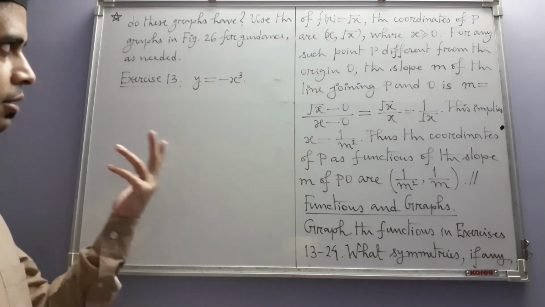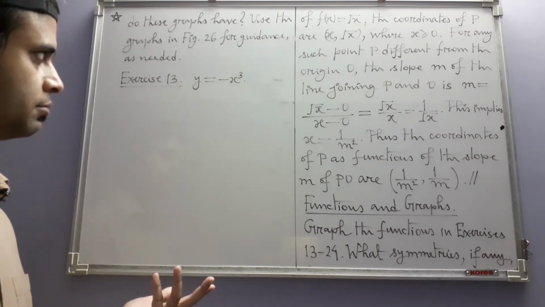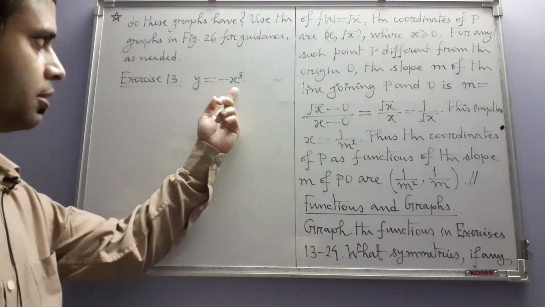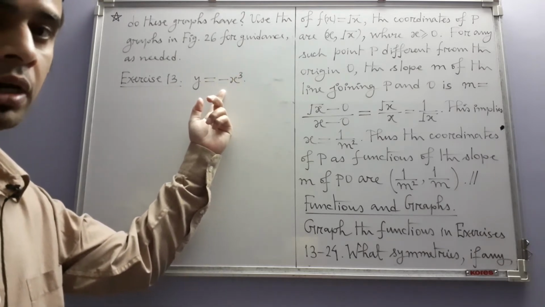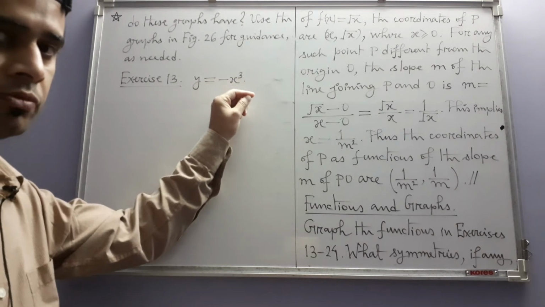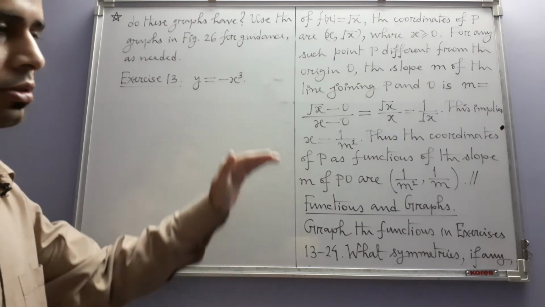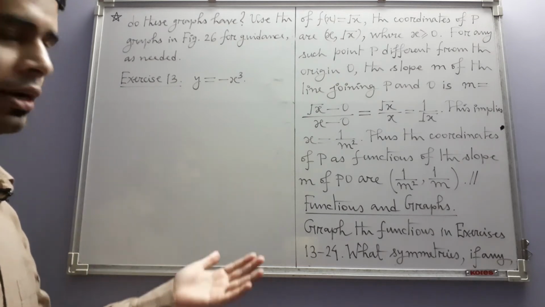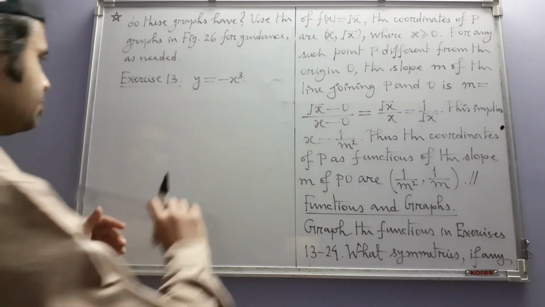From the graph of the cube function, you can figure out the graph of this function, since there is only a minus. Previously, for a given value of x, the cube value that you got, this time it's the negative of that. So it will be reflected on the x-axis, and accordingly the graph will look like this roughly.